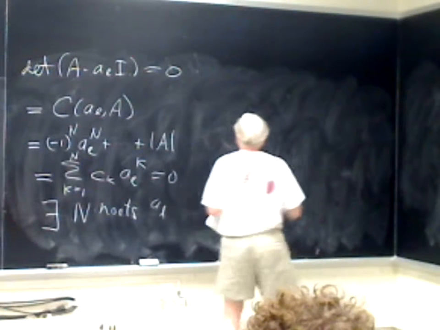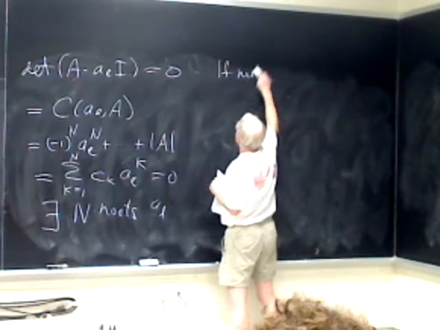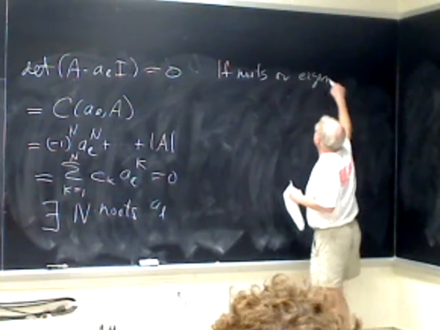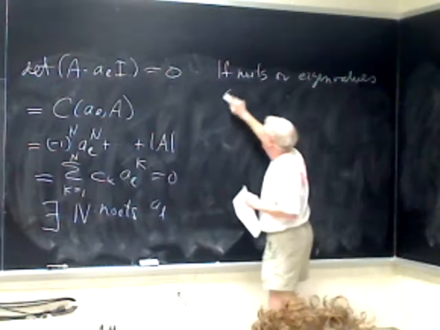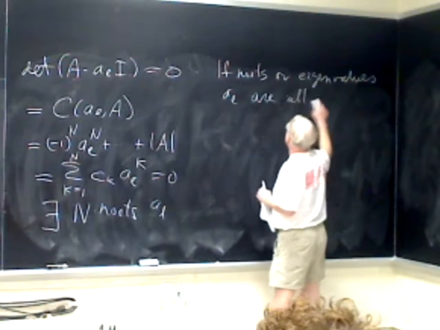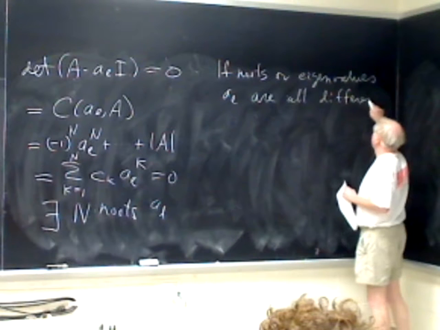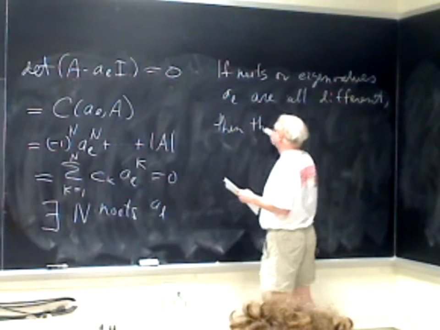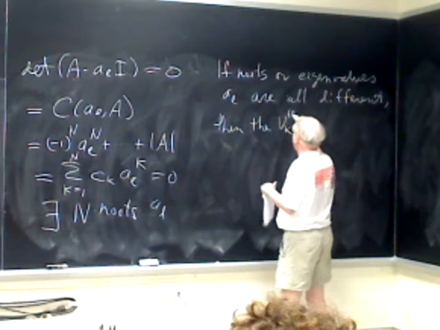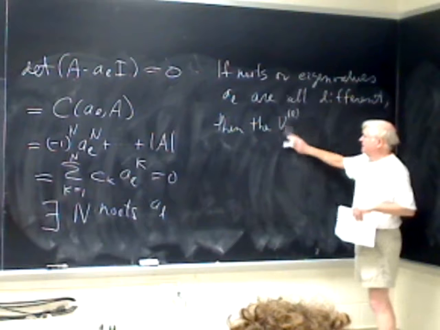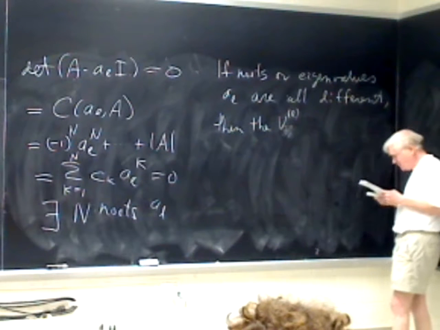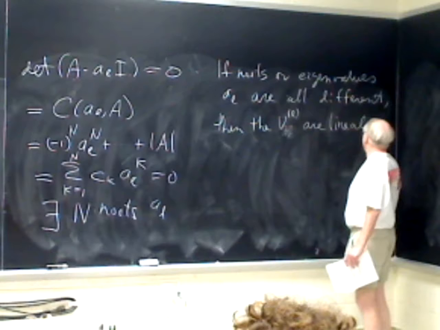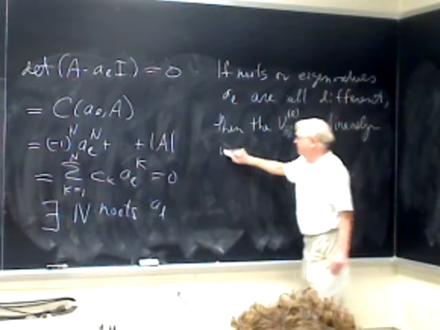What I want to show now is that if the roots, also known as the eigenvalues, a_L, are all different, then the eigenvectors b_L are linearly independent.